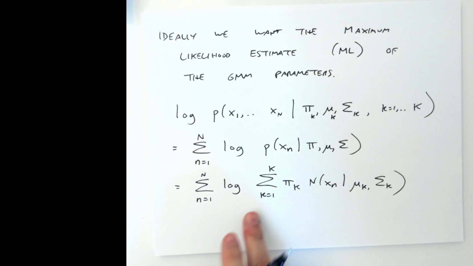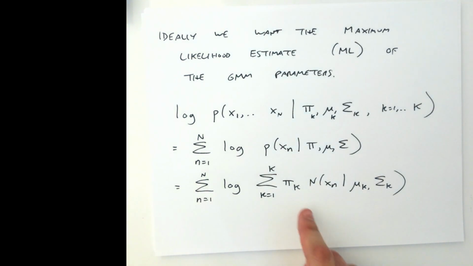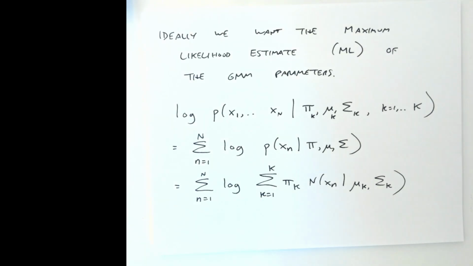And this is where I have a problem, right? Because as you remember from calculus, logs are lots of fun when you have a product of terms, but they are not any fun when you have a sum of terms. There's no way to take this log of a sum and reduce it any further. So if you imagine taking the derivative with respect to all the parameters simultaneously and setting it equal to 0, that's not a very easy mathematical problem.